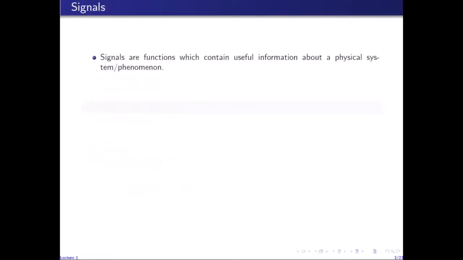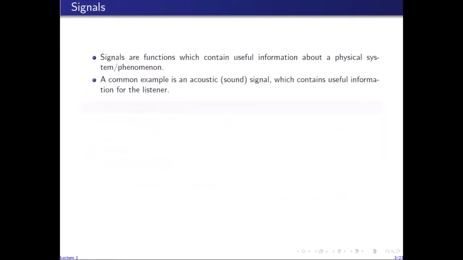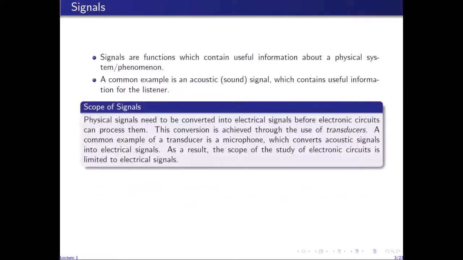So we know signals as functions which contain useful information about some physical system. An example is an acoustic signal, which contains useful information for a listener. Physical signals of this form cannot be directly passed on to the electronic circuits for analysis and processing, obviously.